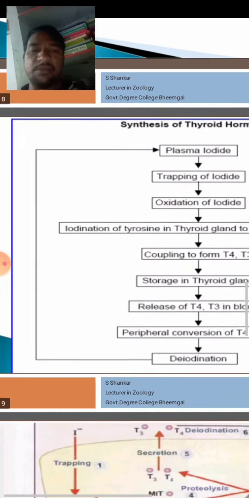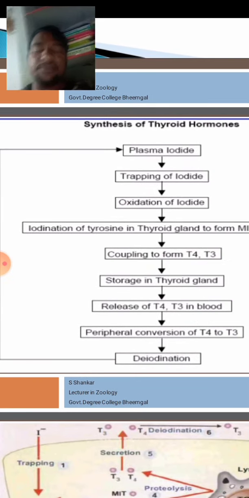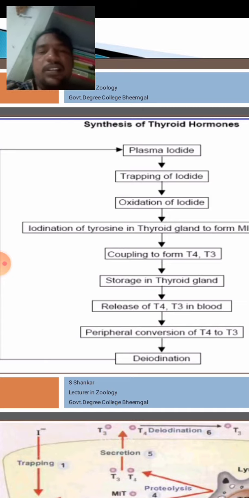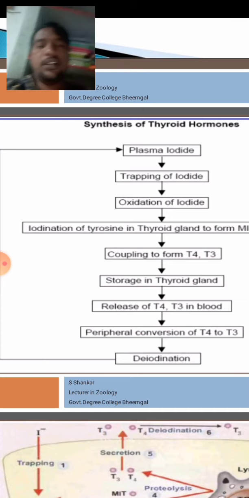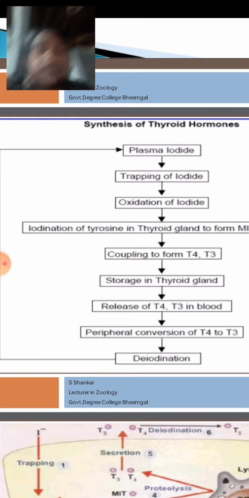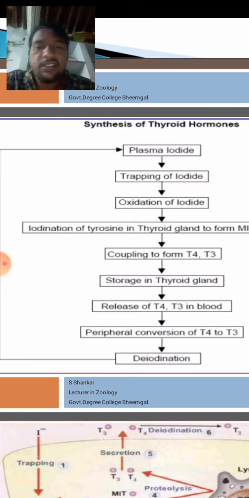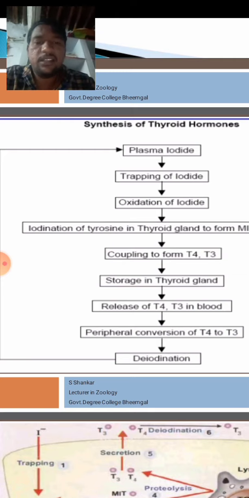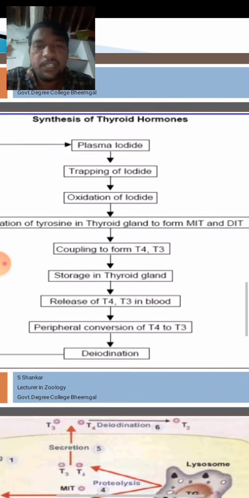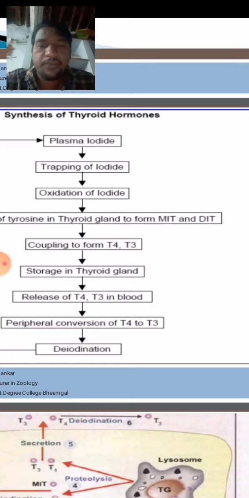First is plasma iodide. Second is trapping of iodide. Next is oxidation of iodide. Iodination of tyrosine in the thyroid gland to form MIT and DIT.